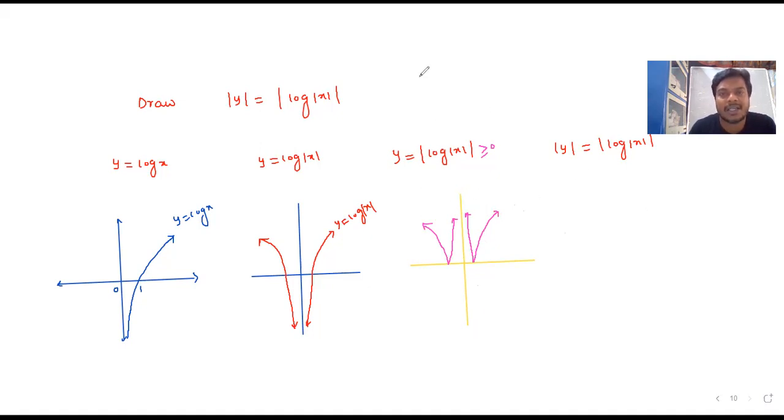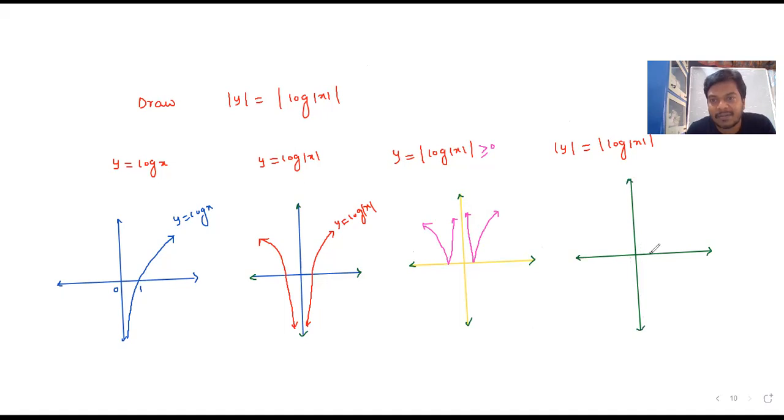And last graph, suppose you have mod y equal to modulus of log of mod x. When you have mod y, y equals plus or minus modulus of log of mod x. That means we get the graph in this way. This is x-axis, y-axis, both plus and minus, right?